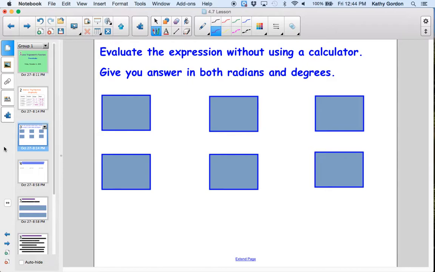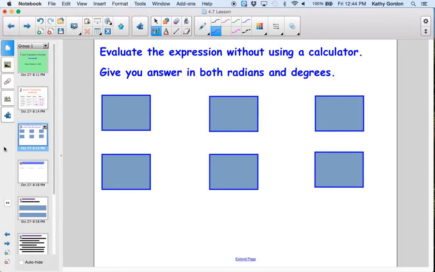What we need to be able to do is evaluate these kinds of inverse trig expressions, especially when they're from the unit circle. We have to be able to do them without a calculator and think through what my answer should be. That's what we're going to practice here. I've got 6 examples, and we're going to do them one at a time.